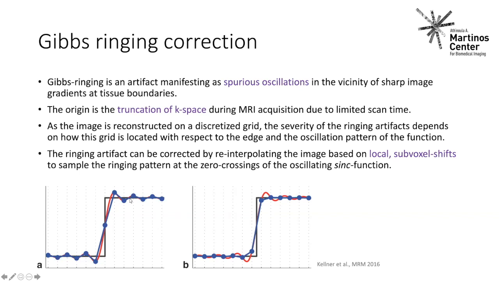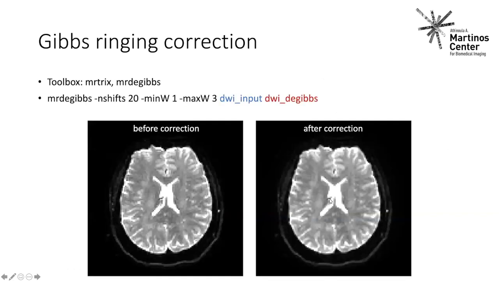And usually our discretized image samples at the valleys and peaks of this ring pattern. But if we can locally find an optimal shift and shift the image locally in a displacement smaller than the voxel size, then we can sample the signal intensity at this zero crossing position to minimize this ring artifact. So this is a very smart way to remove this ring artifact.